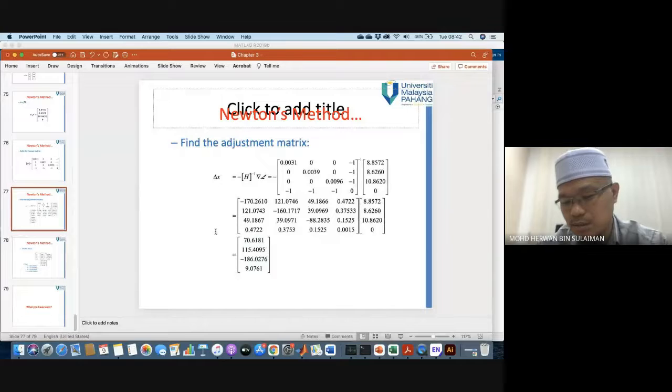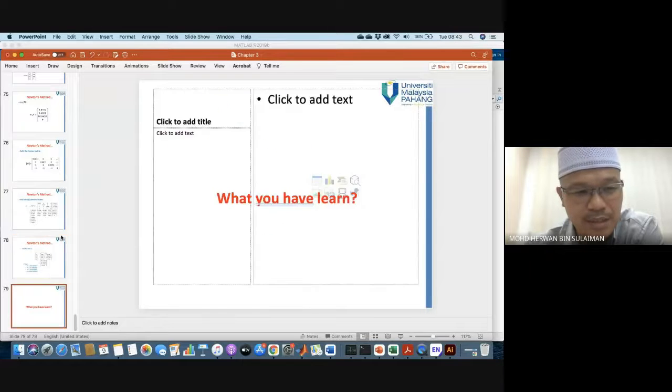So, hari Khamis ni saya plan saya nak tunjuk secara lalu macam mana kita nak buat solve economic dispatch guna method yang ada kat dalam internet lah.